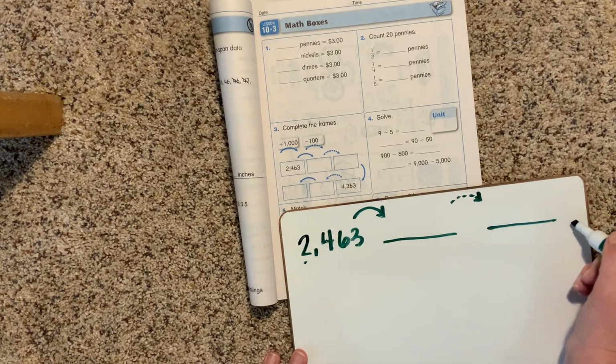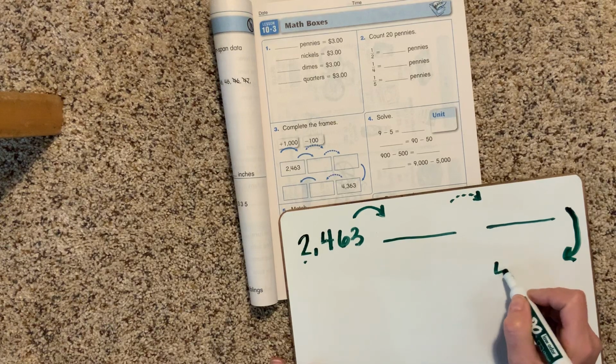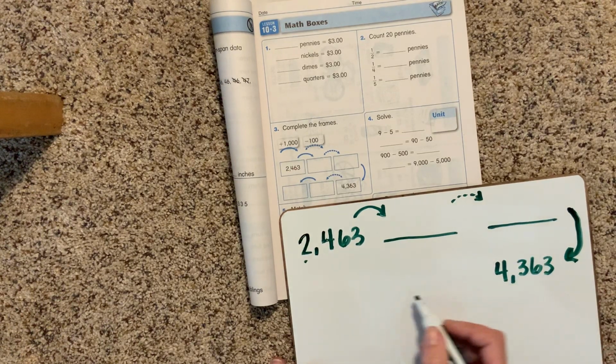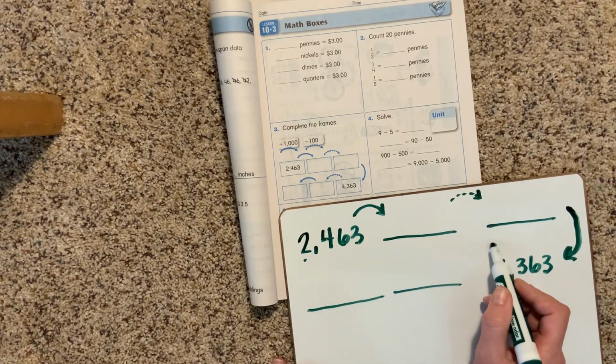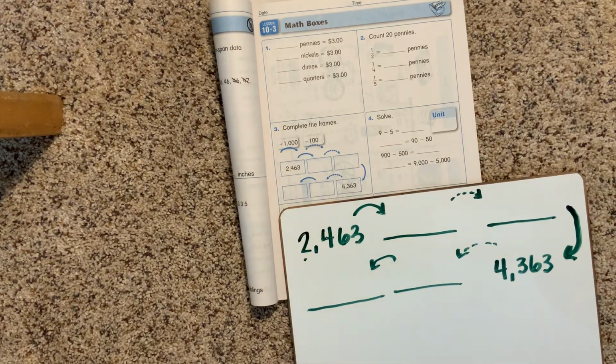When you get down to this one, they gave it to you, so you can double check that your answer was right. They say that that needs to be 4,363. And then they want you to find the next 2. Okay? Pause it, finish it, and come on back.